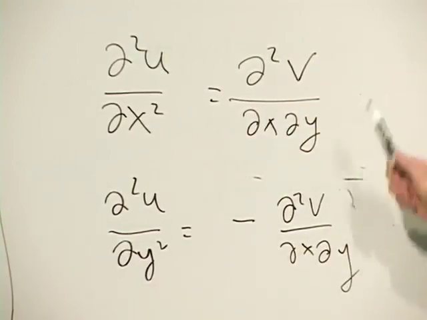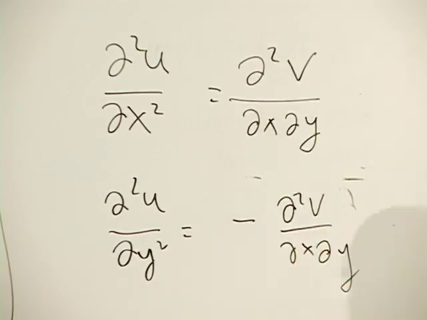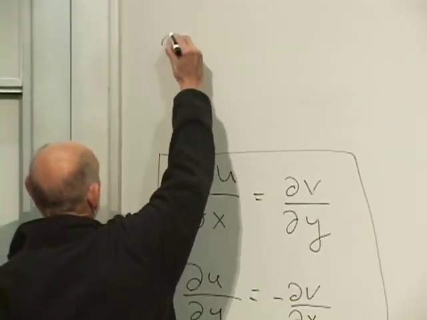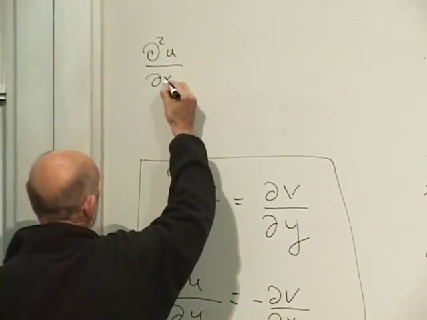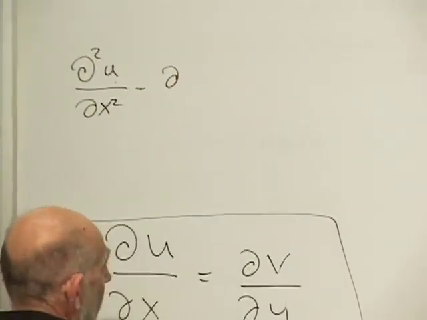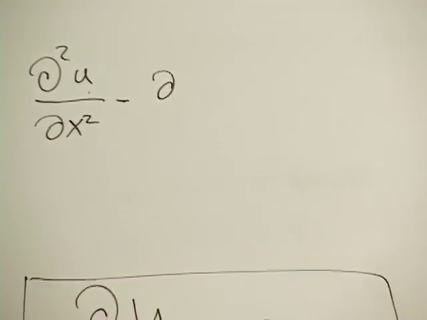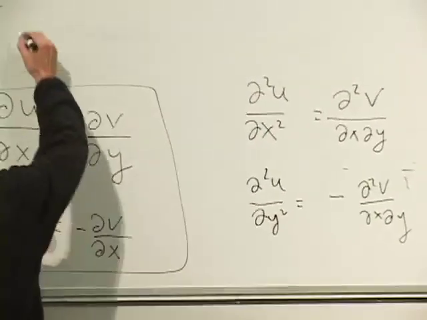That's the same as that except for a minus sign, so we can eliminate it. Just add them, and the right-hand side will go away.